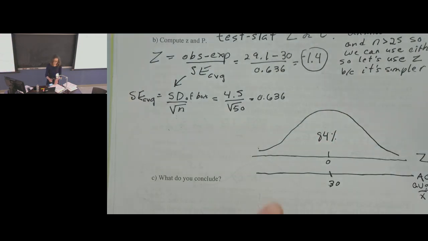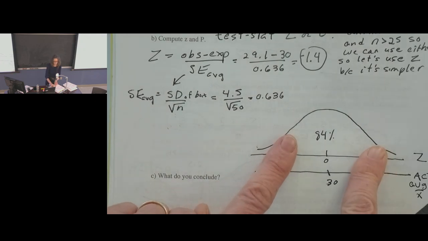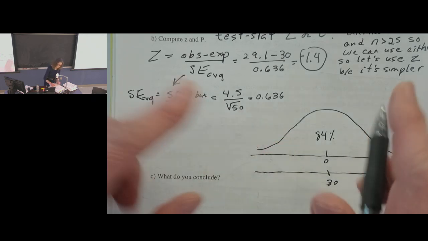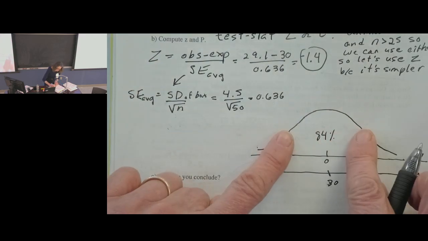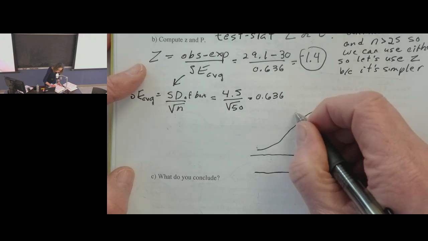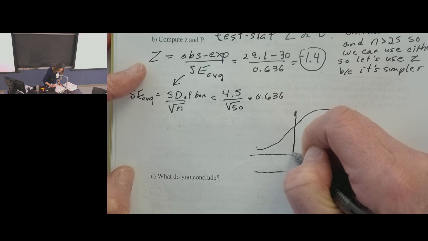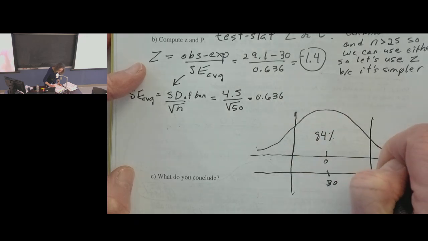Now, how far out is that? Well, what's going to be on the two tails? 16% is going to be on the two tails together, right? So let's try to make it look pretty accurate, like 8% on each. So 1.4 would be about maybe here and here.